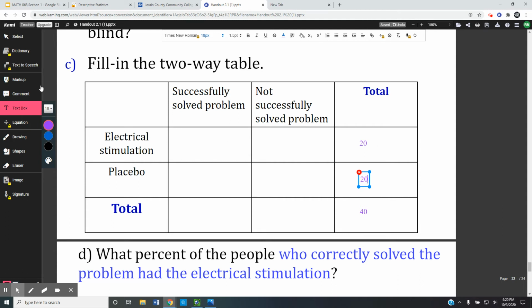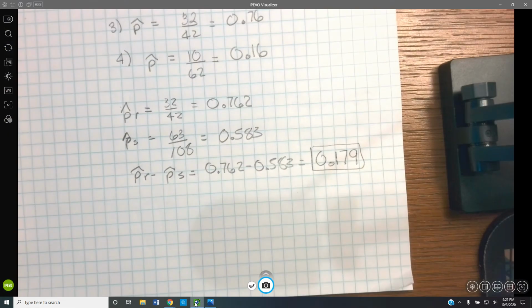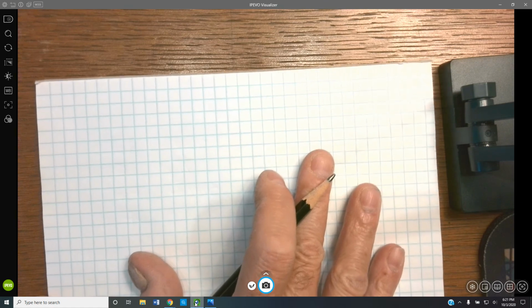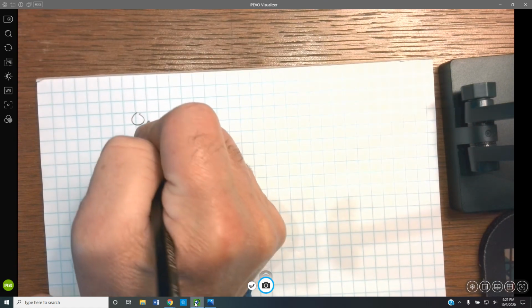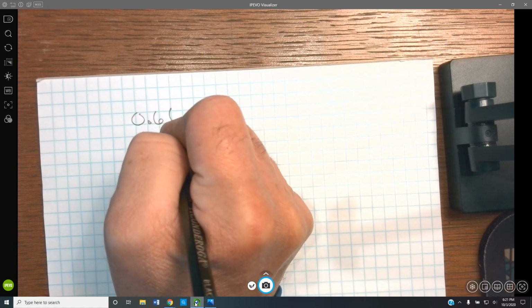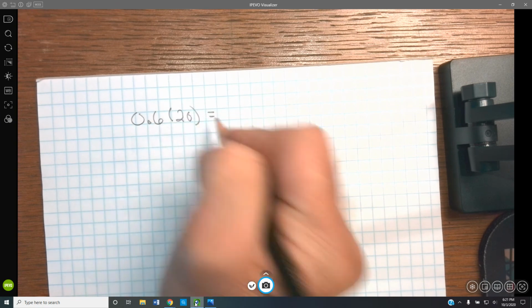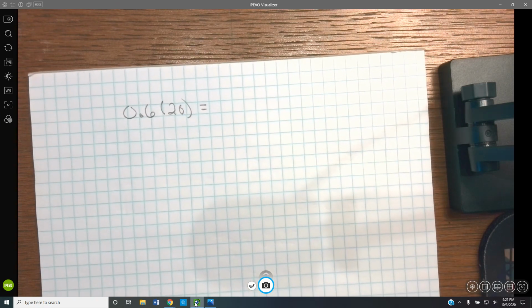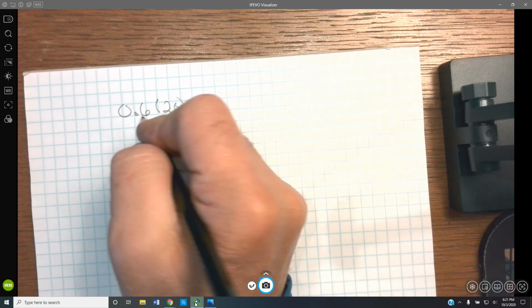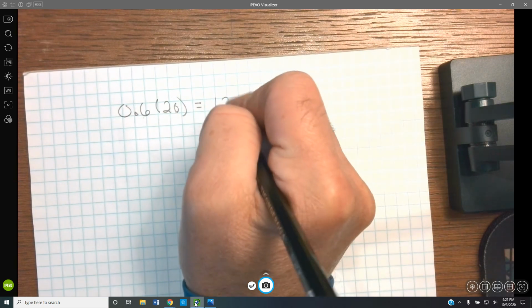Well, the key is going to come from this successful box right here. It's told us that 60% of those in one group, that's 60% or 0.6 of 20, were successful in the brain stimulation one. Well, 60% of 20 is 12.